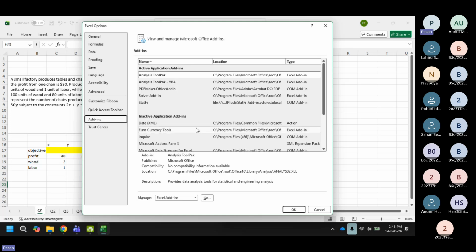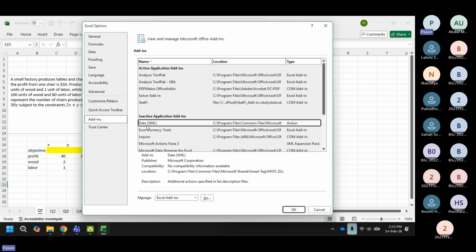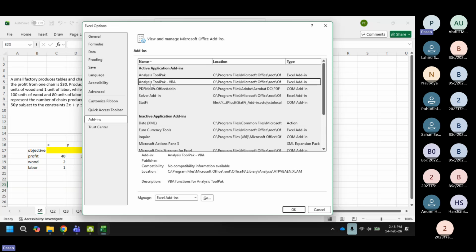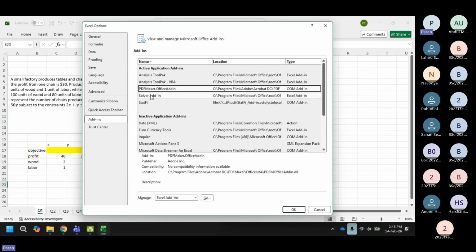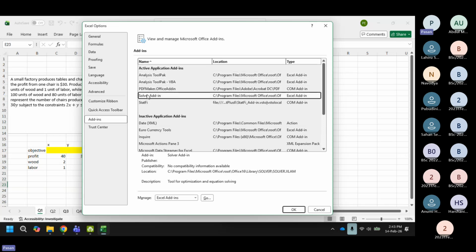So go to the add-ins and check whether the solver add-in is here or here. Usually it is in the inactive ones. So if it is in the inactive one, you can click it and say go. Then it will go into the active part here, right?